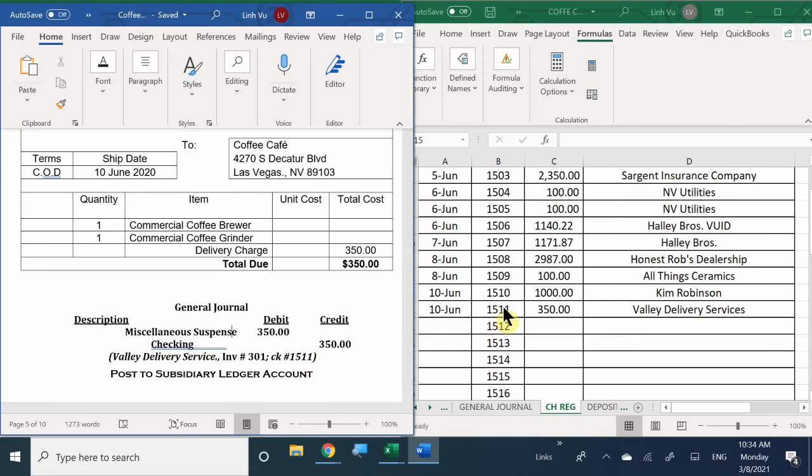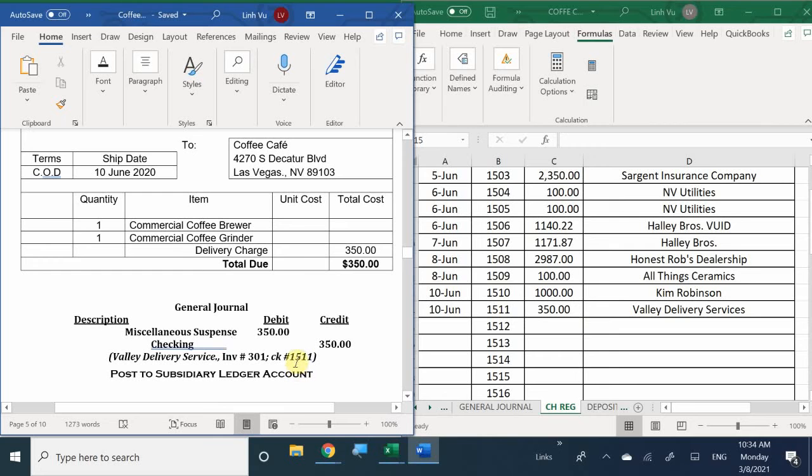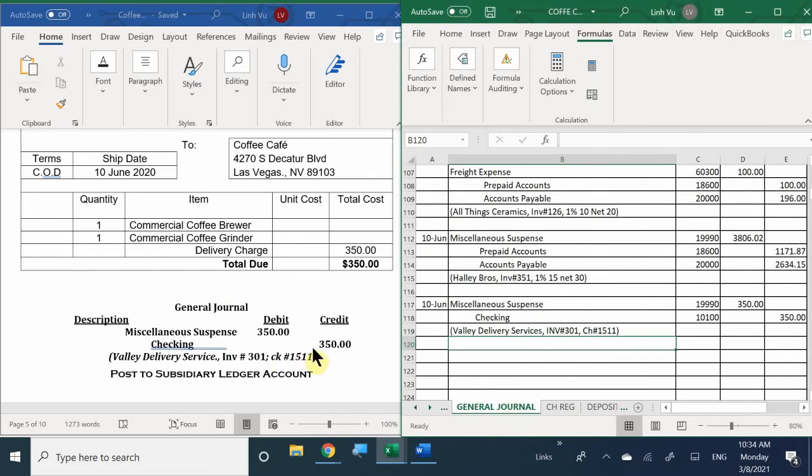Yeah. In the scenario that's uploaded, it says 1512 though. Okay. All right. Then that is weird. Make sure it's 1511 because here I have it as 1511. So I'll go ahead and update that. It should be 1511. So not 1512. So okay, I have 1511 for $350.